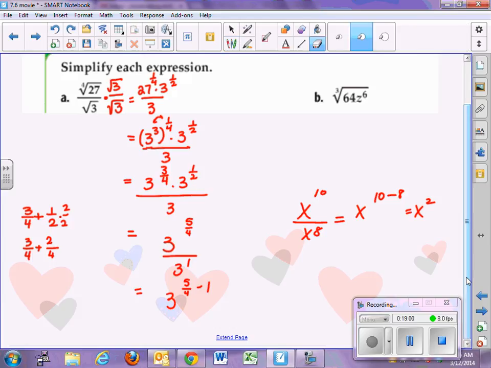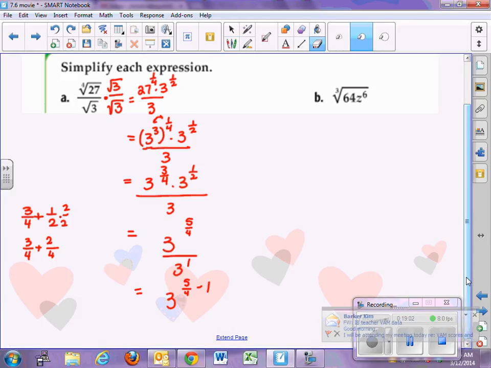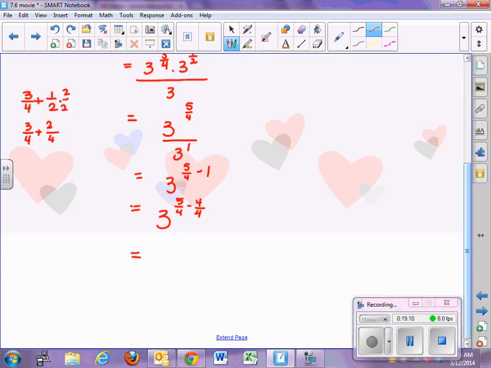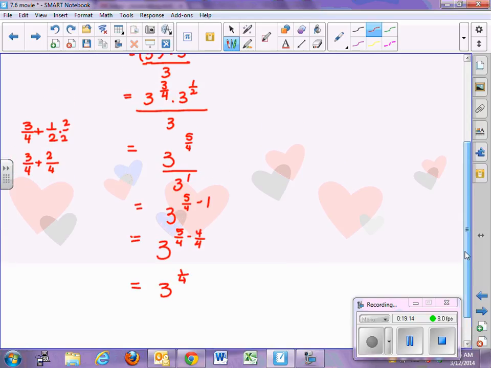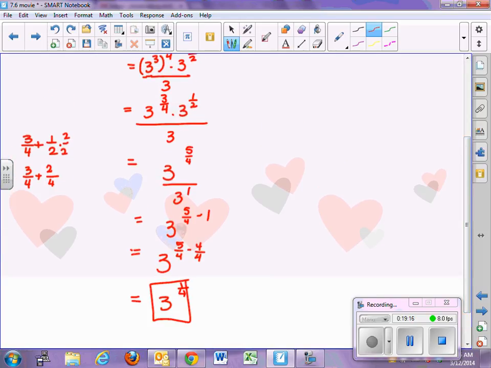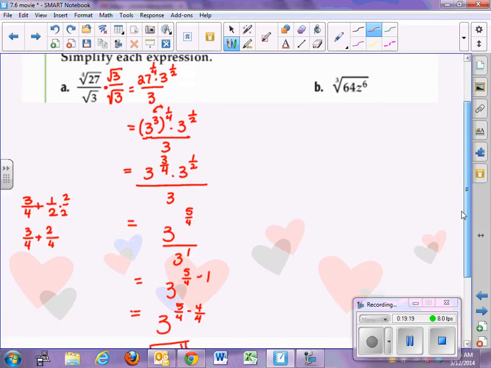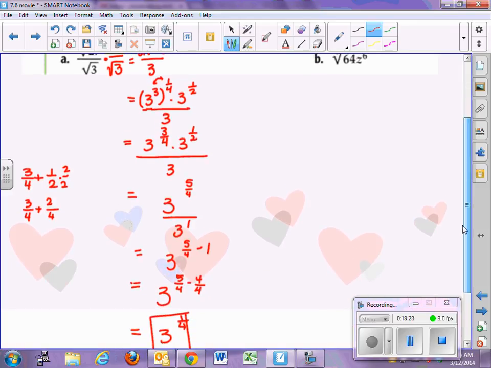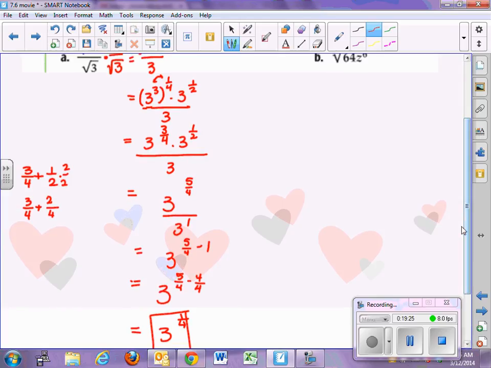That's what we're doing here. So what is 1? It's really the 4/4 power. So what you're left with is 3 to the 1/4 power. And that is the simplest answer. That is really interesting. So what times itself 4 times gives us 3? It's obviously not going to be a whole number.